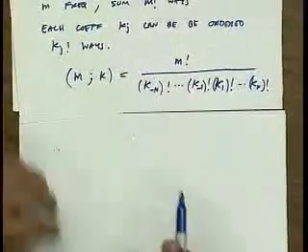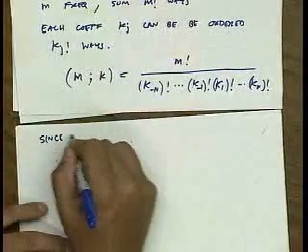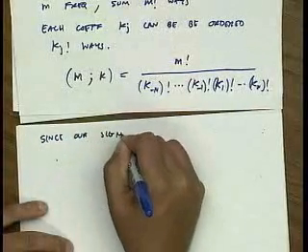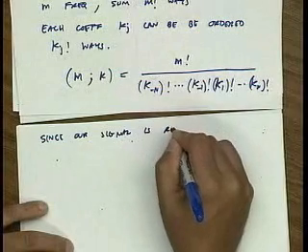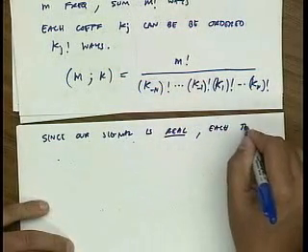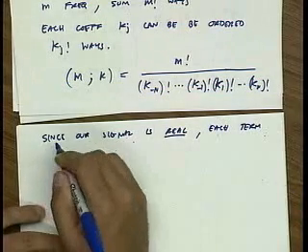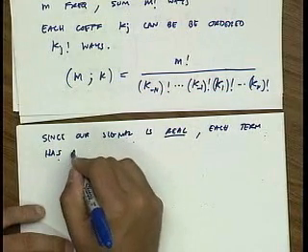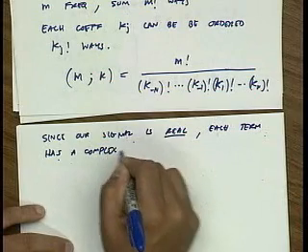All right. So also observe that since our signal is real, each term in our sum has a complex conjugate.